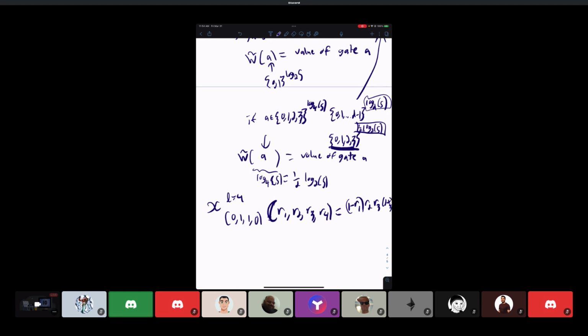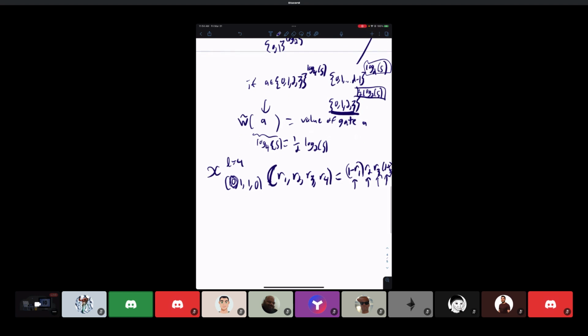And the point is, this factor maps 0 to 1 and 1 to 0. So if you feed it a Boolean input, it makes sure that the first bit is 0 and not 1. And this factor makes sure the second bit is 1 but not 0. The third bit is 1 but not 0. And the fourth bit is 0 but not 1.